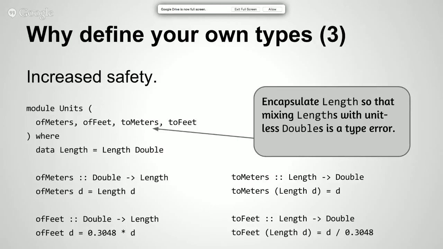Increased safety is another thing that you get when you define your own type. So here's a module where we've got a data type called length, which is kind of like a double, but the only way to get into it is to specify units. So, an API for a physics function might require a length. You can't just pass in 3 because it's going to say, 3 what?